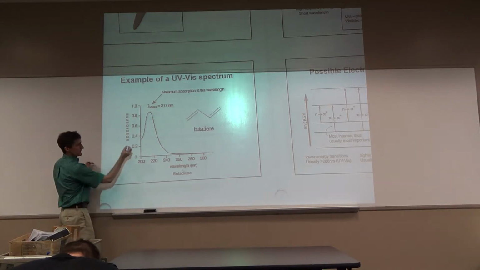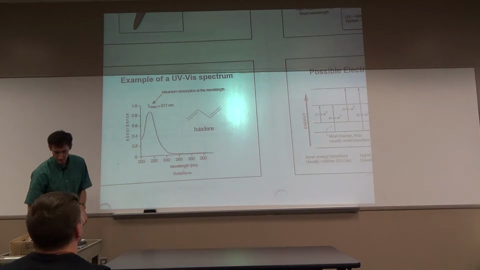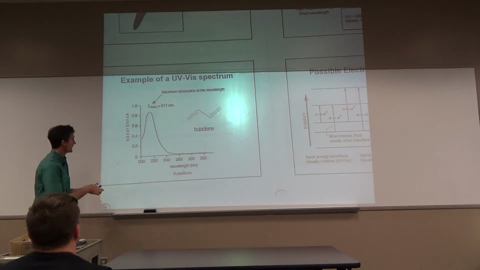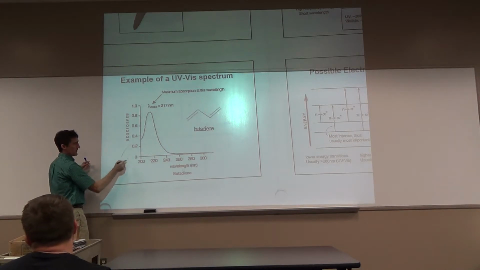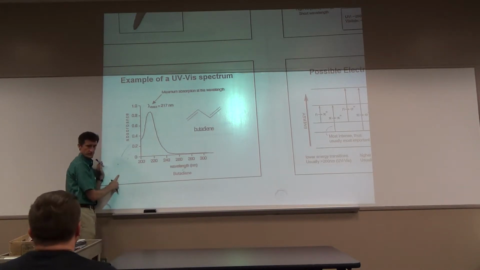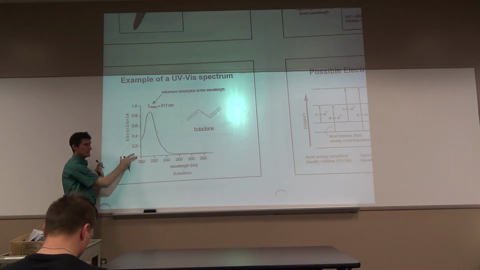Look at this. You see how the absorbance is there? This compound probably absorbed over here in the hundreds. Why didn't we show this? Because practically this is very difficult, because there's something else that absorbs over here: oxygen.